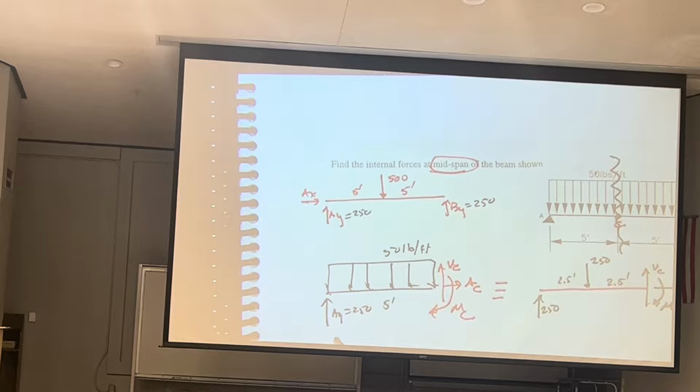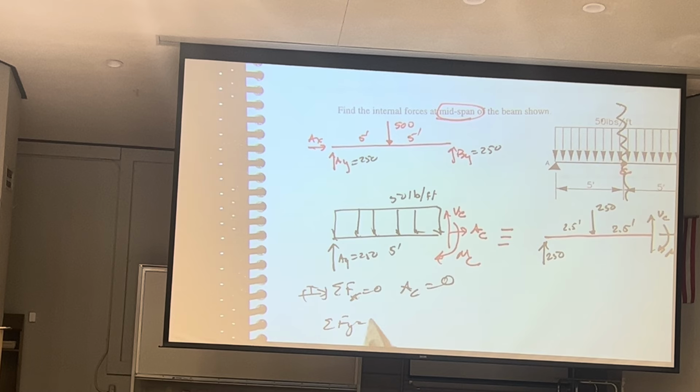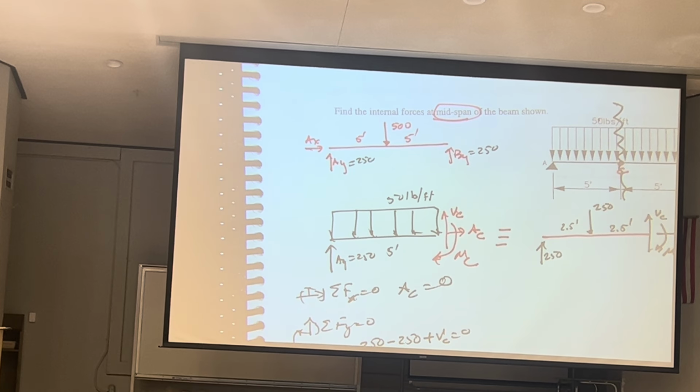Now, do your sum forces in the X equals 0, positive to the right. AC is 0. Sum forces in the Y equals 0, positive upward. That says 250 minus 250 plus VC must equal 0, or VC equals 0. Very important. At the midspan, it's 0.